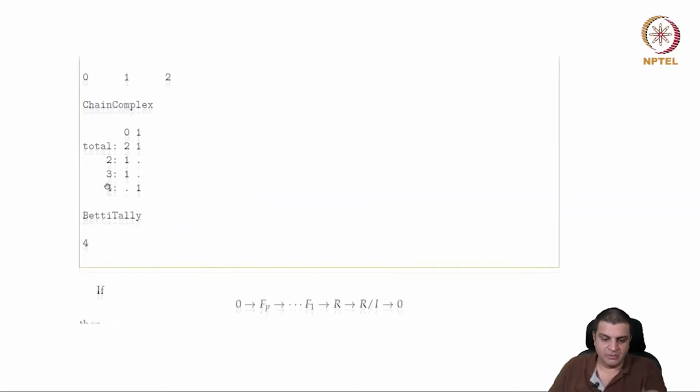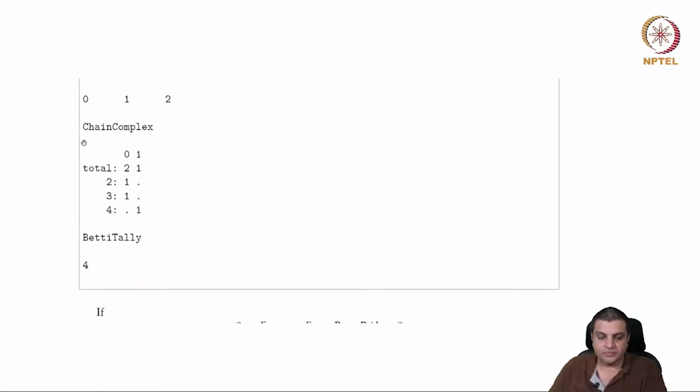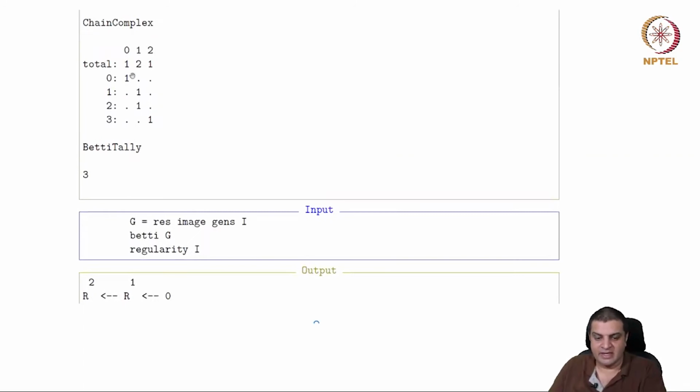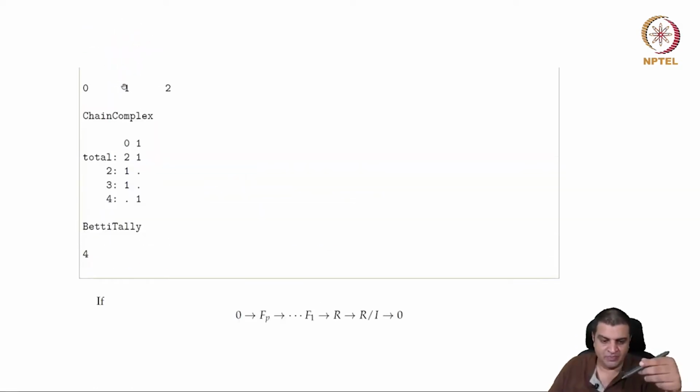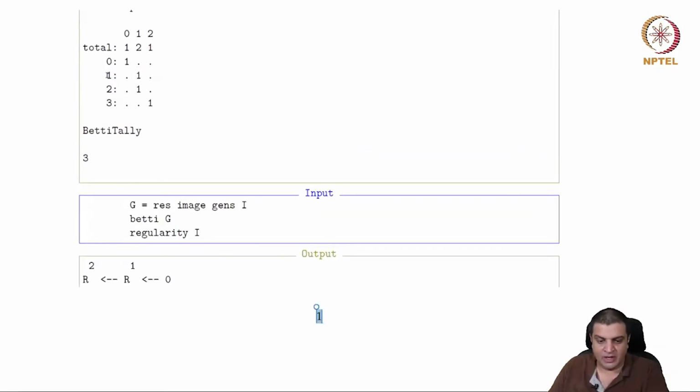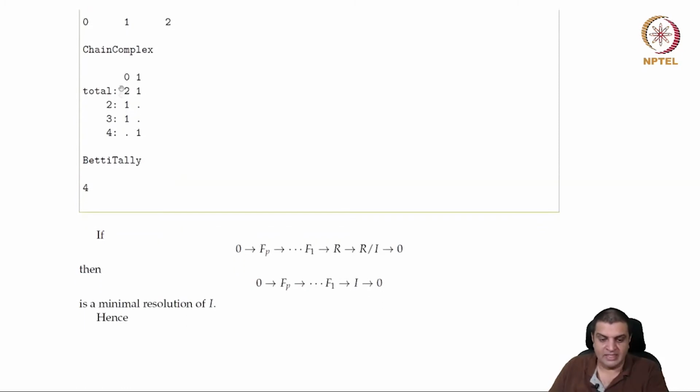The difference between this Betti table and the other is that there is no 1 here corresponding to R. There is one more difference: the row indexes have changed, because the row index 1 in this column is degree 2, so the row index will be 2. So this one's regularity will be 4. Regularity of the ideal is 4, regularity of the quotient is 3.